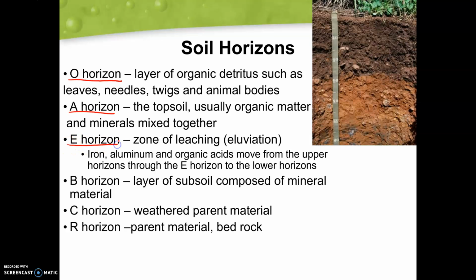Our E horizon is our zone of leaching, so iron, aluminum, and organic acids move from our upper horizons to our E horizon. Our B horizon is a layer of subsoil, and that's going to be mostly mineral material. And then again, C horizon is our weathered parent material, and H horizon is our parent material or bedrock.